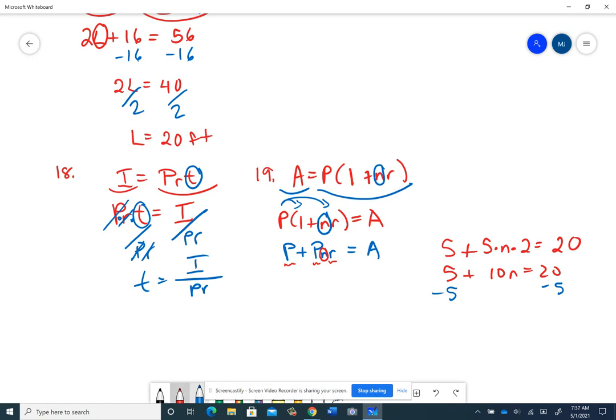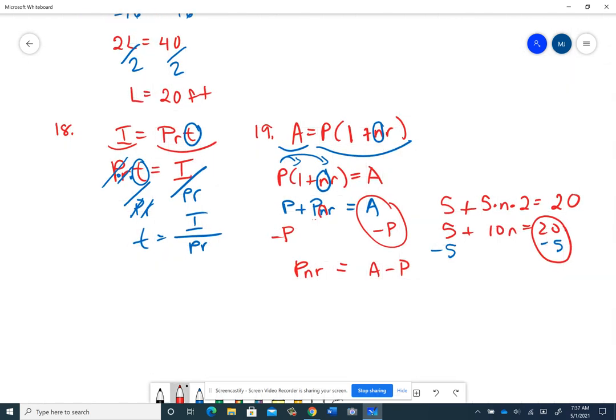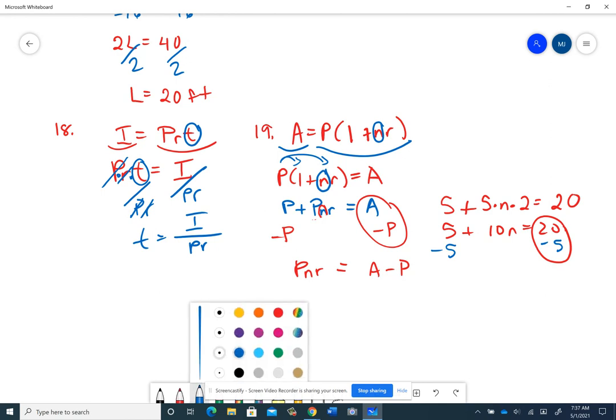So over here, I'm going to subtract the P. Let me erase that so you don't think I'm dividing there. I'm going to subtract the P, get rid of it first. The difference is over here, we have just numbers, where here we don't know what those are, so we can't get rid of them. So we're going to have P and R equals A minus P. Okay.